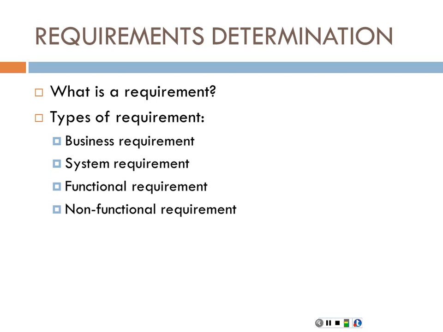Right, so, they need to be able to input and store volunteer hours, for example. Right, so that's a business requirement. That's something that on the business side they need to be able to do. A system requirement typically is a lot more oriented towards the actual technology that you're putting in place, and what it needs to be able to do, like take the volunteer hours and store them in a database somewhere.